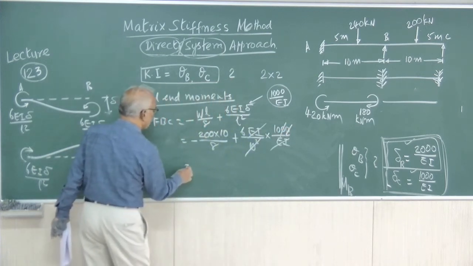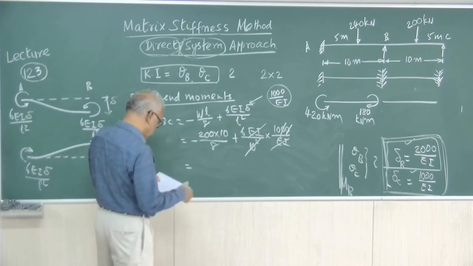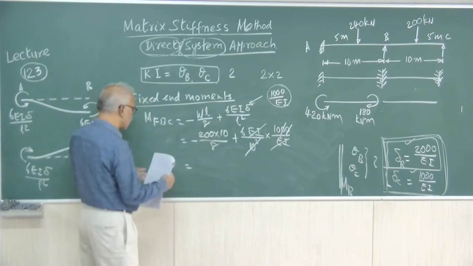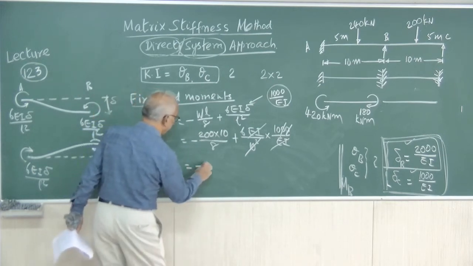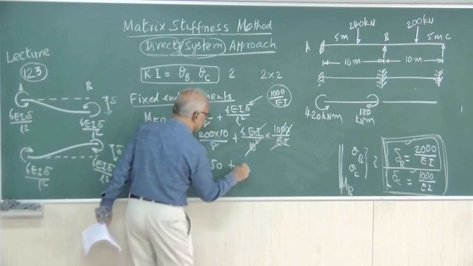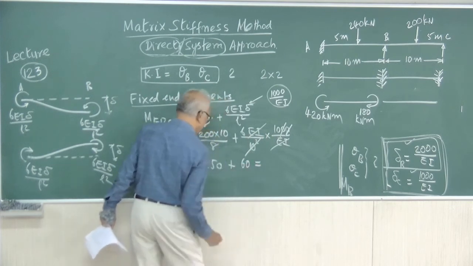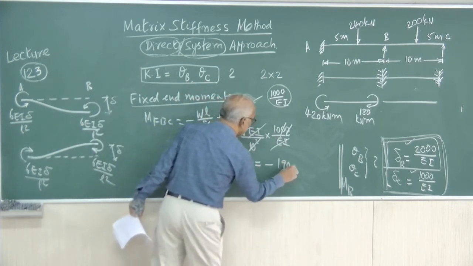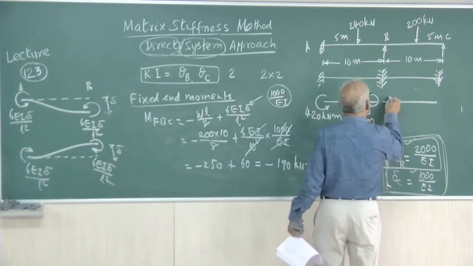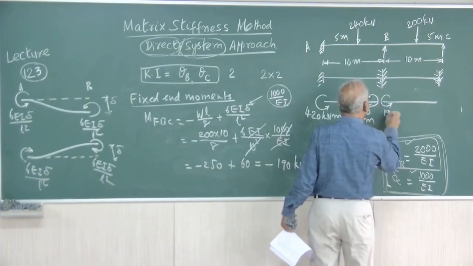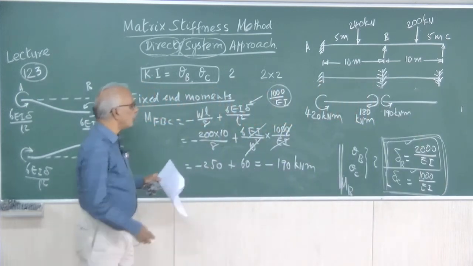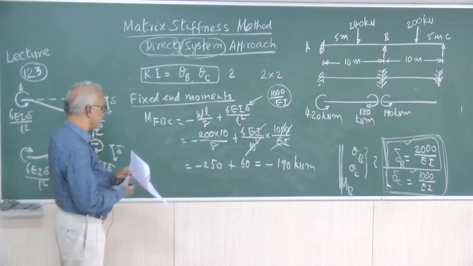So this value is equal to minus 250 plus 6 into 10, which is 60, equal to minus 190 kilonewton meter. So this is anticlockwise, minus 190. That is how we have to account for the given load and also the settlement of support.